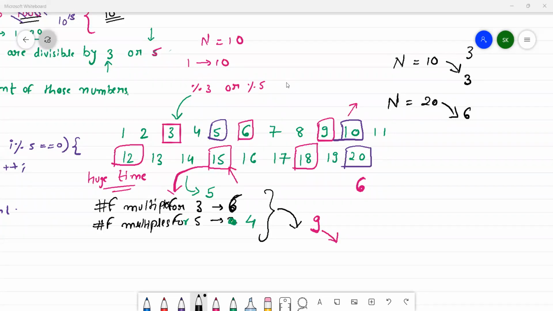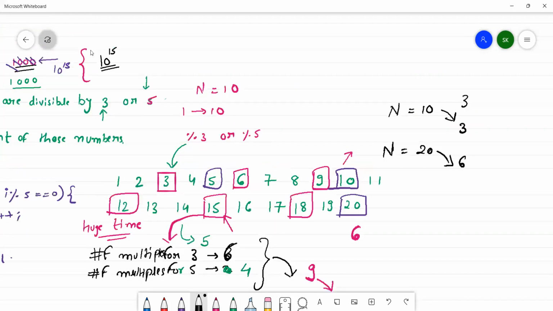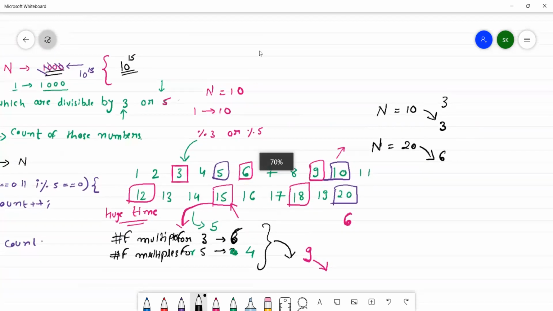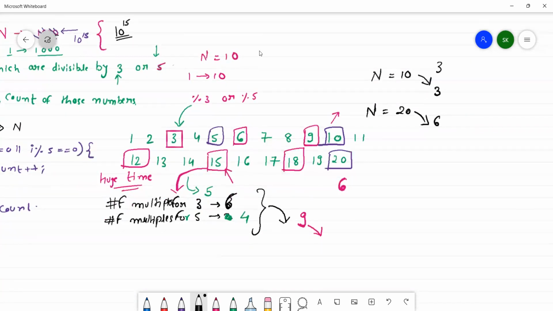But Aman, for making your two arrays, don't you think again, if your n was given to you as 10 to the power 15, it is again going to create a problem? That was our major problem, right? And it is not resolved yet. So I'm asking about that.